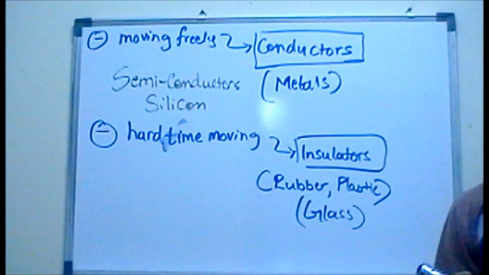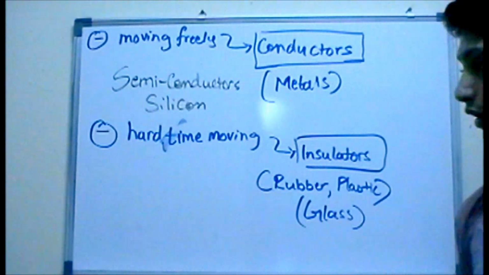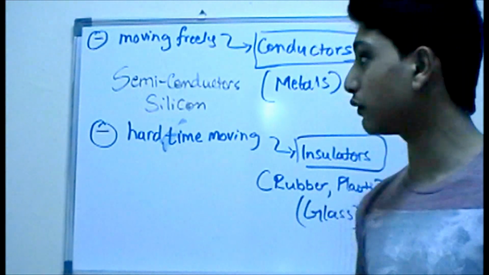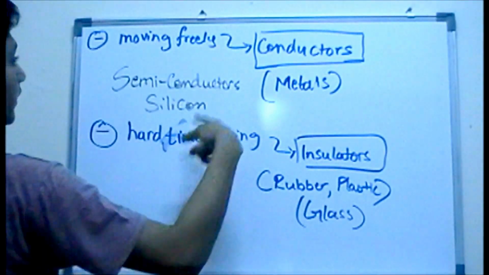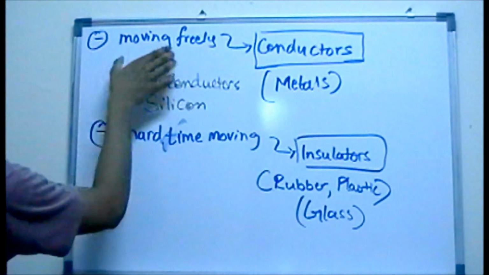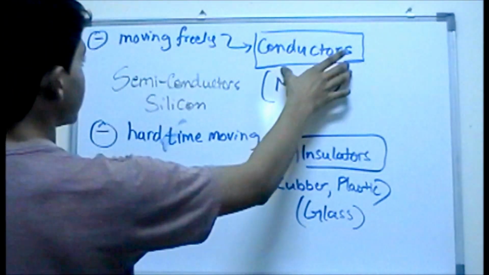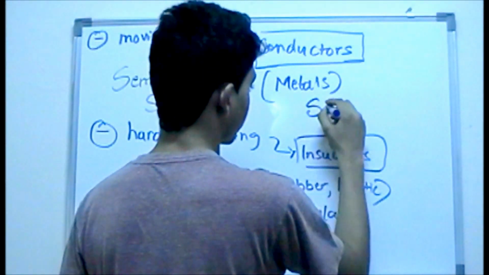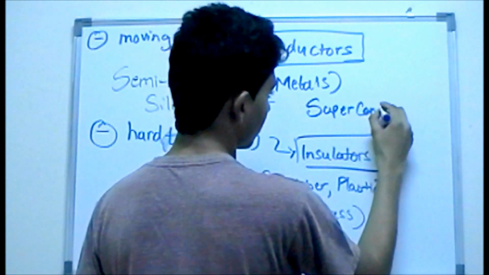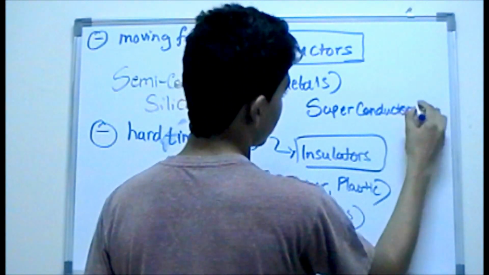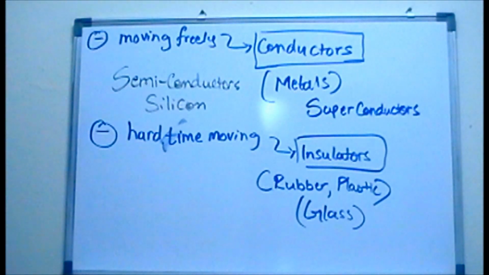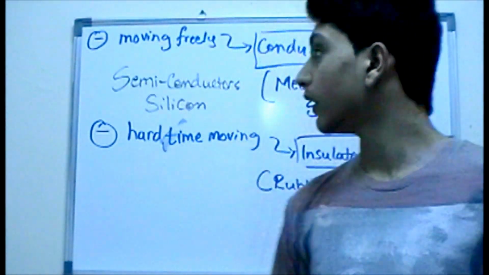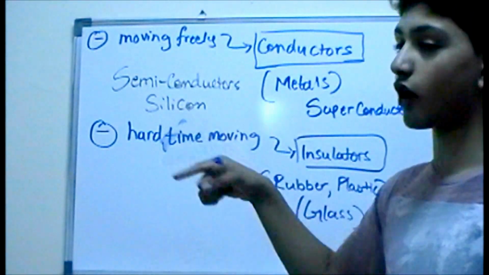Superconductors are substances that have the good quality of making the electrons move at a much faster rate. When the outer layer of electrons is moving faster than in conductors, the substance is known as a superconductor. But it doesn't always make the electrons move faster.